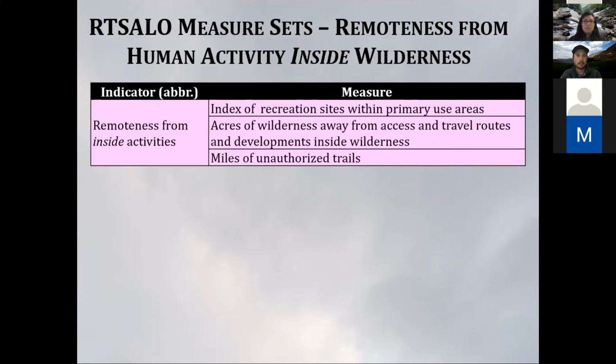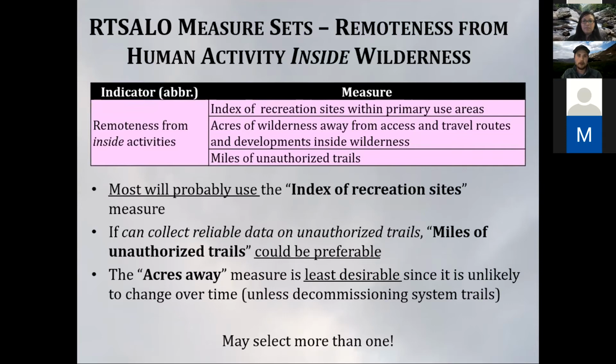So now we're in the spur quality. This is the first RTSALO measure set. For this one, you have index of rec sites. That's the most common measure to have data for, and the one we see folks selecting the most. Miles of unauthorized trails is rarely selected just due to a lack of data, because it is pretty hard to collect information on.